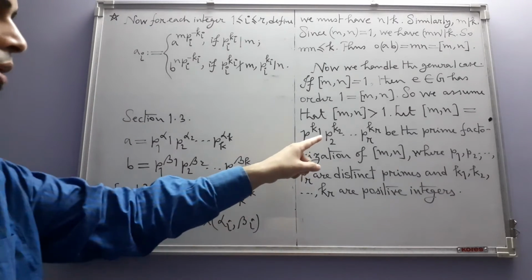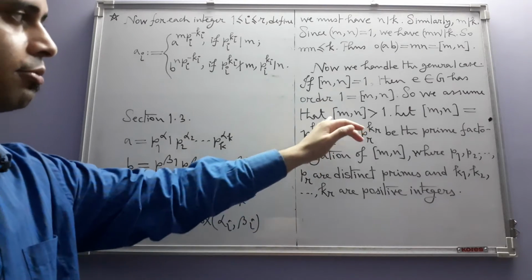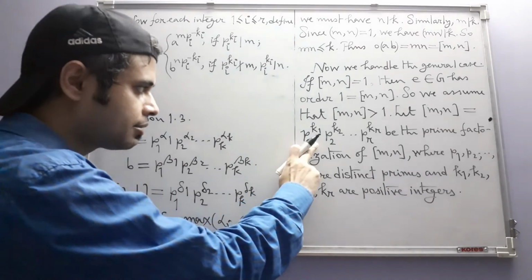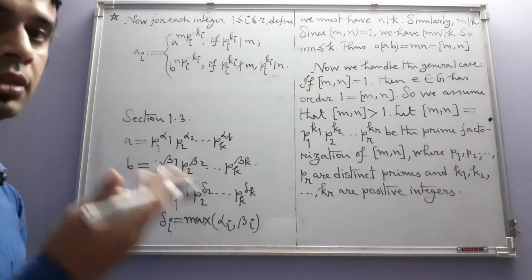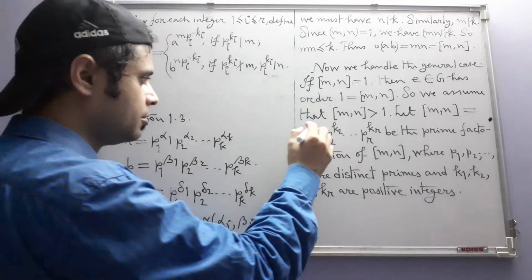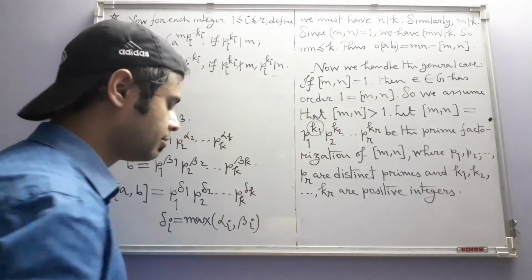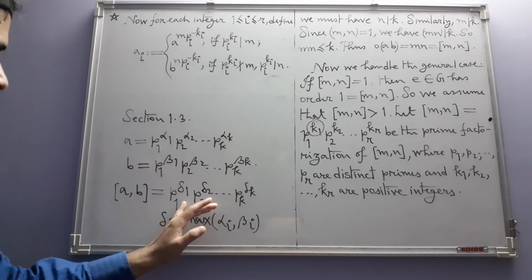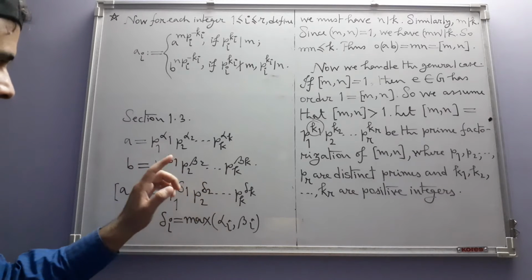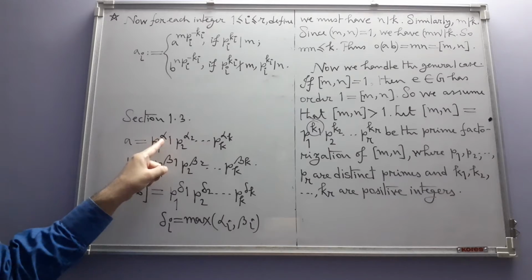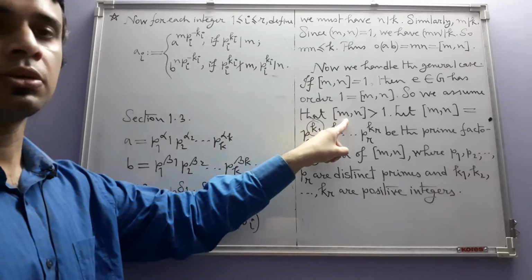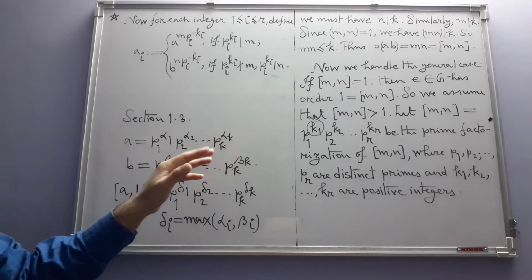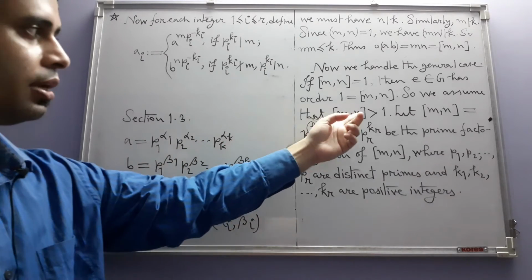Now, we don't have the prime factorization of m and n available to us. We haven't done that. We have straight away considered the prime factorization of the LCM of m and n. So this k1, according to this exercise, is either the exponent of p1 in the prime factorization of m or the exponent of p1 in the prime factorization of n.